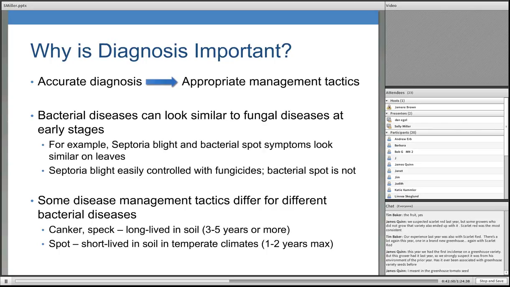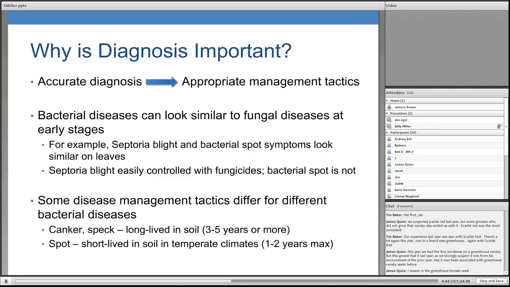Canker also can survive on seeds for a long time. We have naturally infected seed lots in our laboratory that we isolated about 7 or 8 years ago, and we still get a low but countable number of canker bacteria off of them. So it definitely can survive.